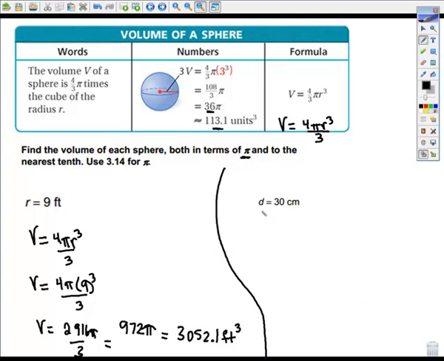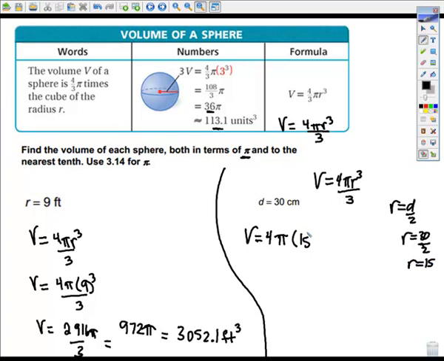Alright, let's try this one over here. Again, volume is 4 pi r cubed divided by 3. I need to find my radius. Remember, radius is diameter divided by 2. So 30 over 2 is 15. So 15 cubed over 3. 15 to the third power is 3,375 times 4, so in my numerator I end up with 13,500 pi over 3.